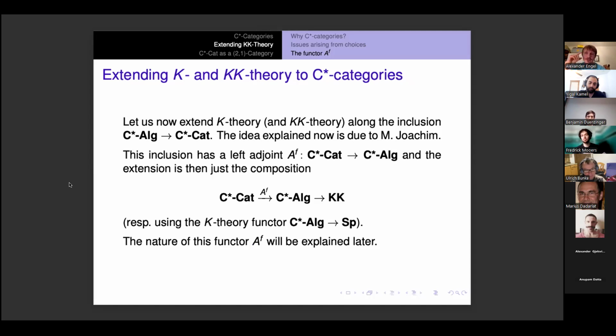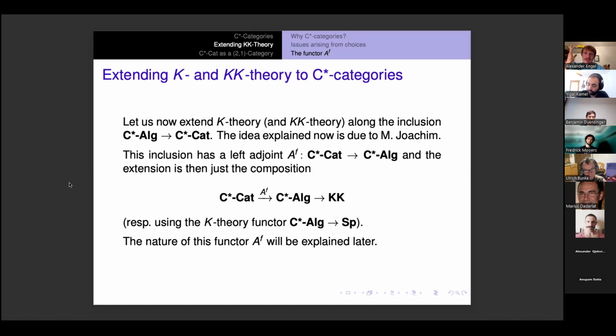You have this inclusion of C-star algebras into C-star categories, and this functor has a left adjoint from C-star categories to C-star algebras, which is called AF in the paper by Michael Joachim. You just use this left adjoint to extend K-theory or KK theory from C-star algebras to C-star categories.